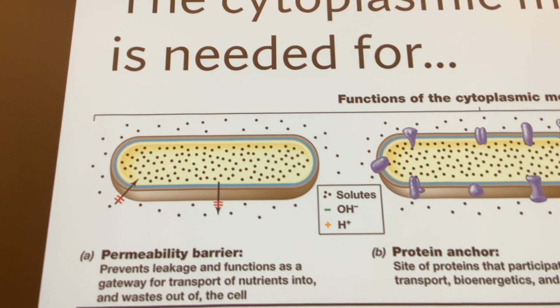It's got to have these proteins that are capable of transport, but also that provide anything that needs some sort of structure. You have these proteins that are anchored in there as well.